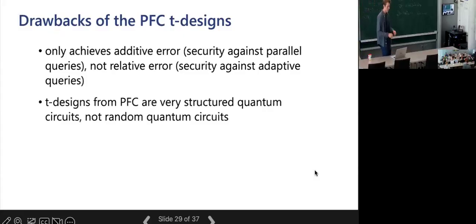Secondly, the PFC is a very, very structured circuit, right? It's this Clifford, the phase, the commutation. It's not a random quantum circuit. And ideally, you would want T designs from random quantum circuits. I guess they're simpler to implement in practice, but at least for me, it feels like a more fundamental statement because it tells you how a random circuit interpolates between the identity matrix and a Haar random unitary.